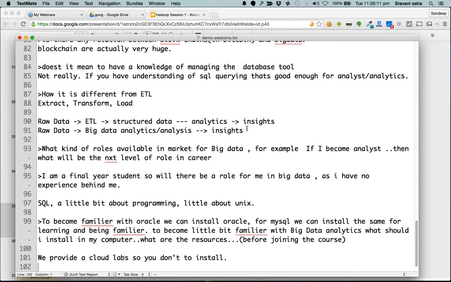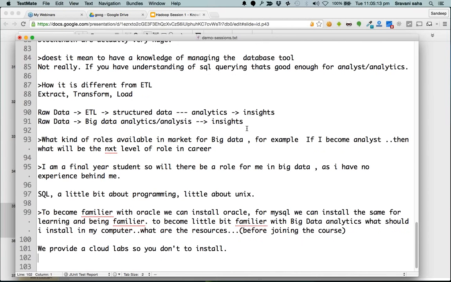Second, if you do not want to go for the course, or you're not interested in cloud labs, what you can do is download the virtual machine provided by Hortonworks.